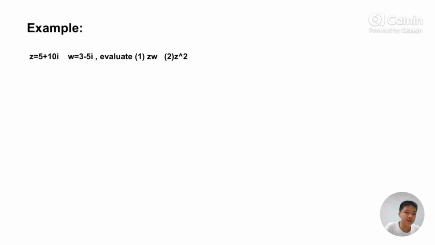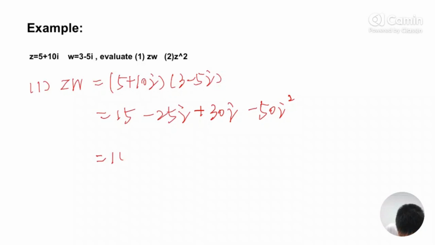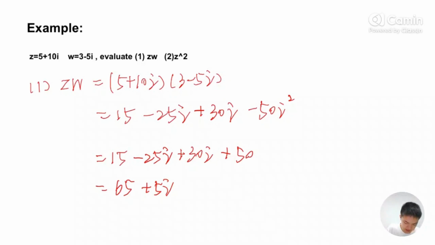Example, if z equals 5 plus 10i and w equals 3 minus 5i, evaluate first, the multiplication zw. It equals 15 minus... Okay, here's the answer.